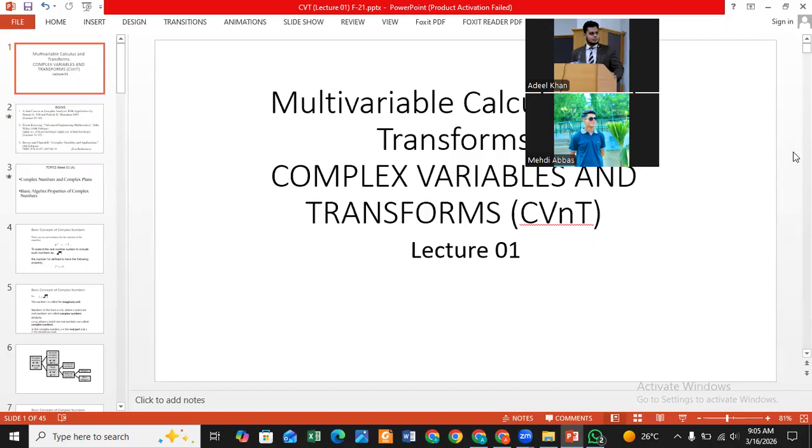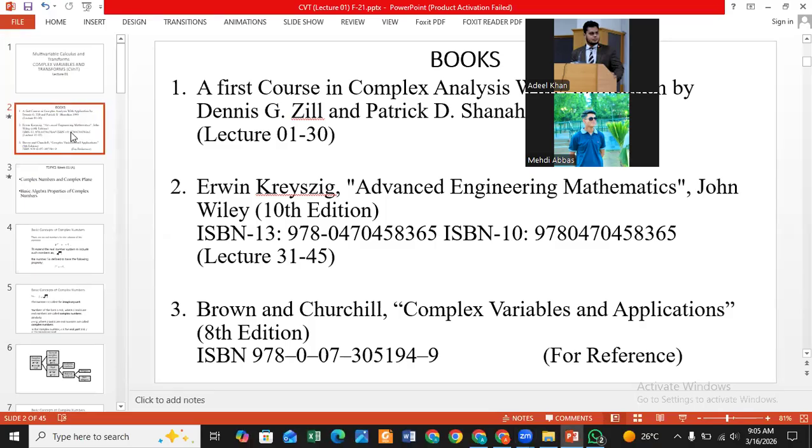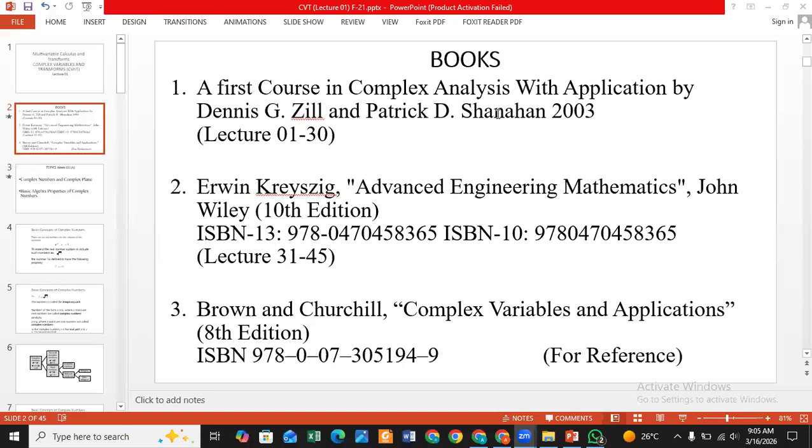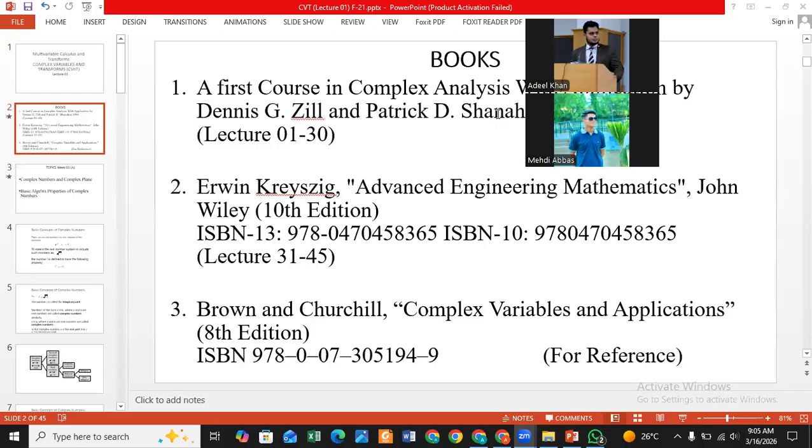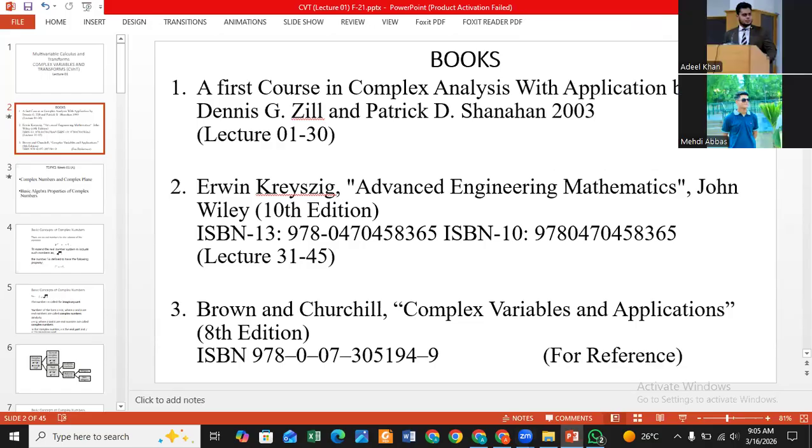The course of multivariable calculus and transform that we discussed in today's class. Regarding the course, we have the books which are mentioned over here, and all these three books we are using in our course.